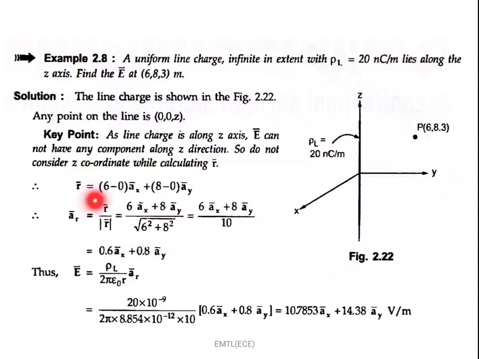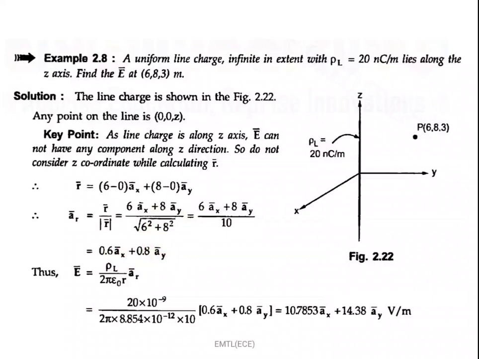So this is the r bar vector, and the ar bar unit vector is represented by r bar by mod of r bar. So the r bar vector is 6 ax bar plus 8 ay bar, and the magnitude of r bar is the square root of 6 square plus 8 square. So finally the ar bar vector is 0.6 ax bar plus 0.8 ay bar.